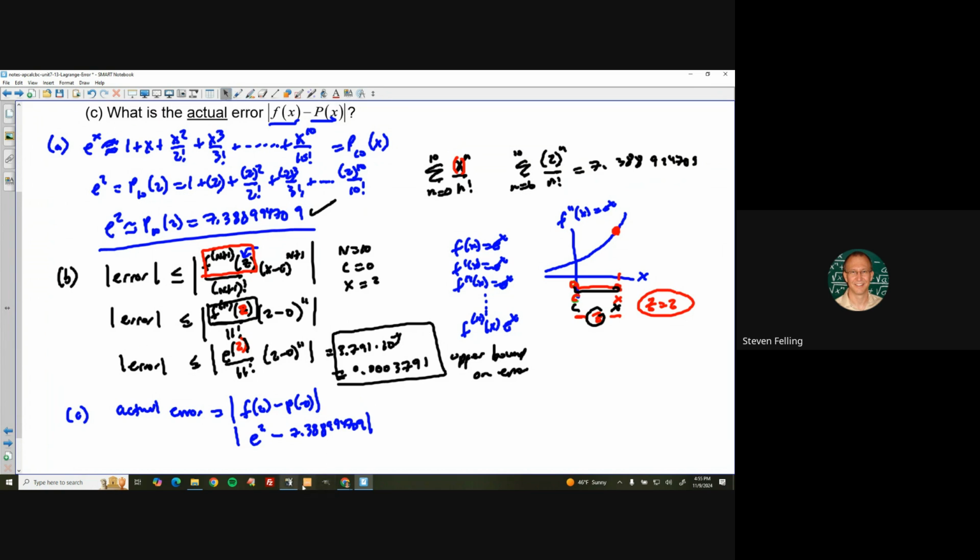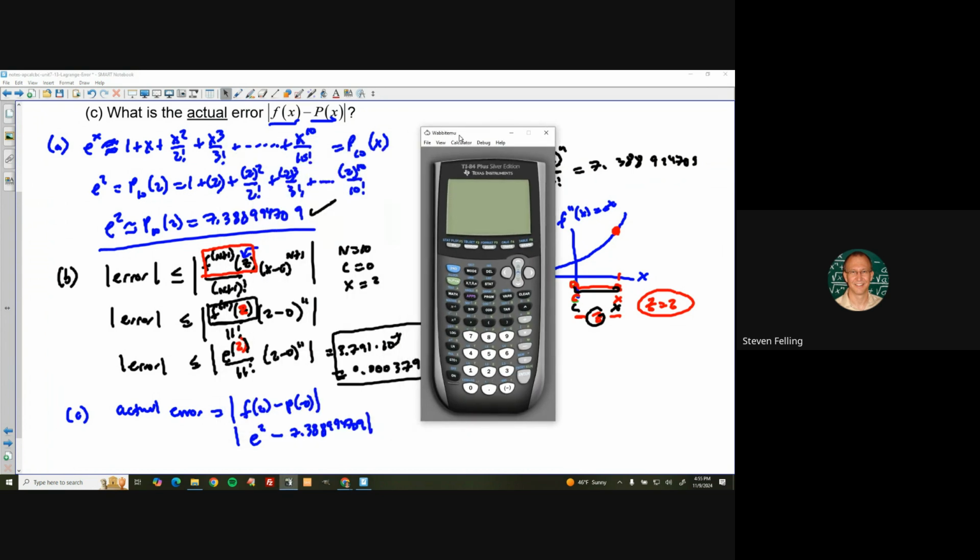I can just say, take our calculator, take e squared, and plug in the function into the actual function, and then subtract this approximation that we got from before, this number. Just go on the calculator.